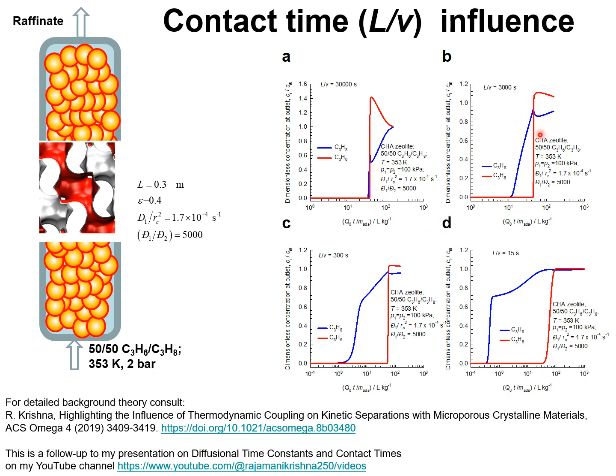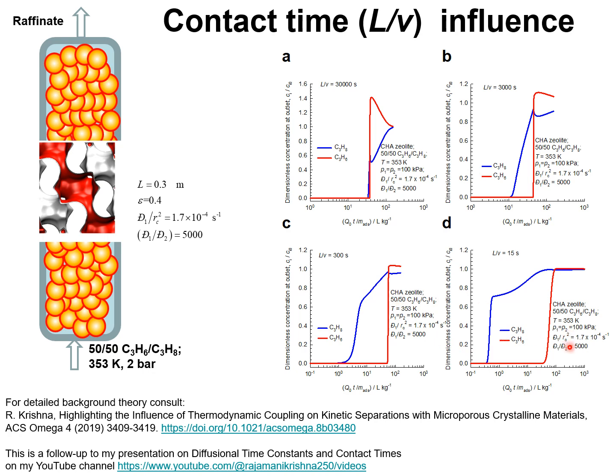As the contact time decreases, the saturated propane breaks through earlier than the unsaturated propene. And with decreasing contact times, the breakthrough of C3H8 occurs progressively earlier, and the time interval between the breakthroughs of propane and propene is larger.